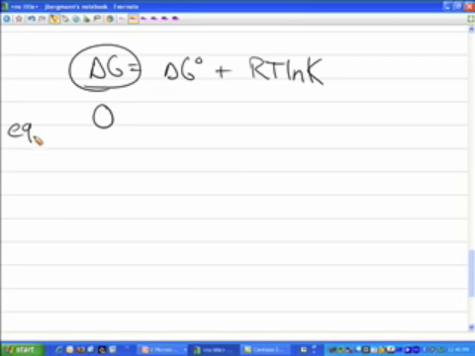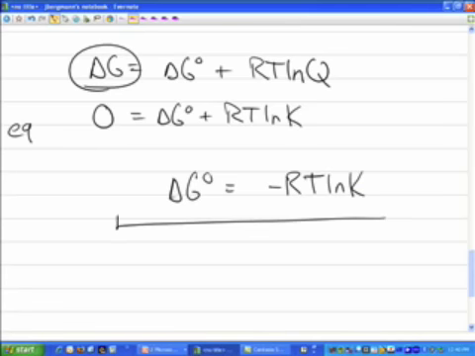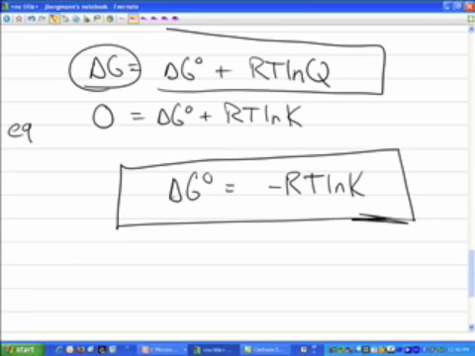So when you're at equilibrium, this should be K. If that's equal to 0, then delta G naught plus RT, natural log of K equals 0, because now you are at equilibrium. So if you resolve this equation, delta G naught is equal to negative RT, natural log of K. So that's where that important equation comes from.